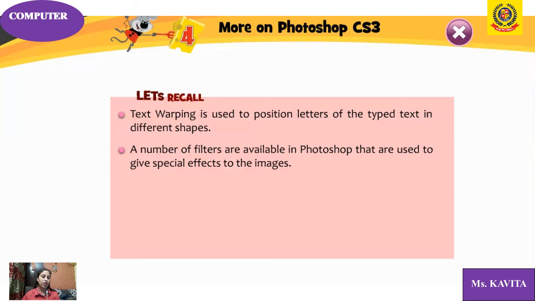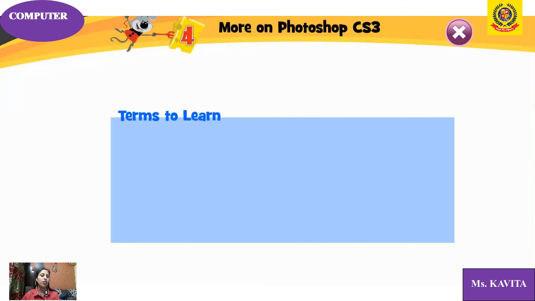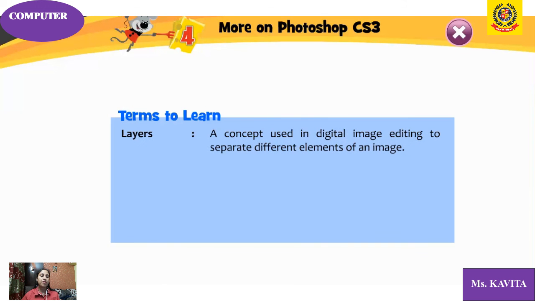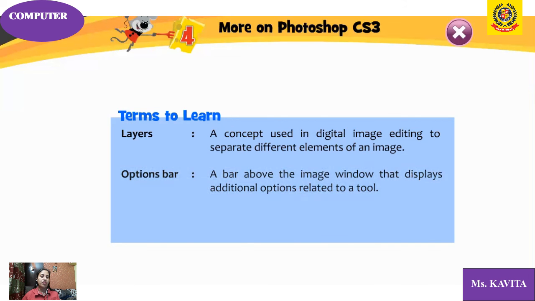Now, terms to learn. Children, you have to write these terms to learn and Let's Recall in your notebook. Layers: a concept used in digital image editing to separate different elements of an image. Option bar: a bar above the image window that displays additional options related to a tool.